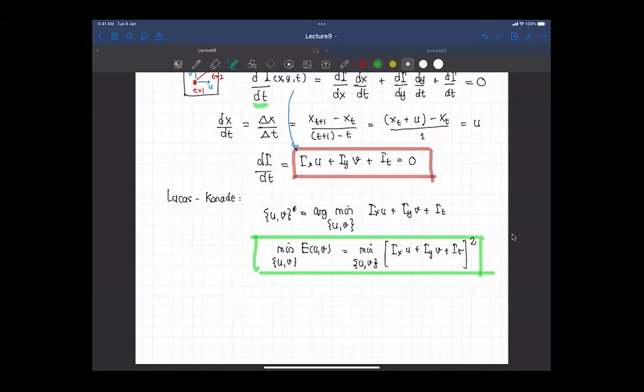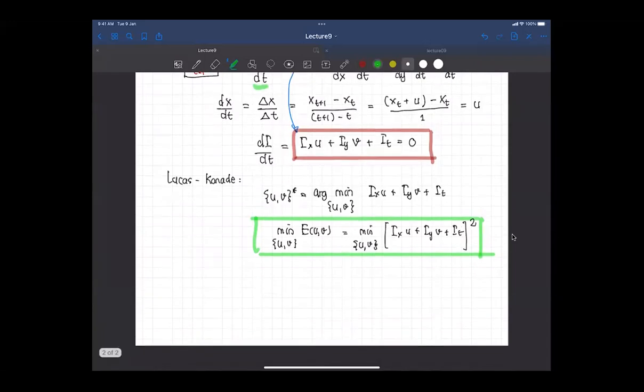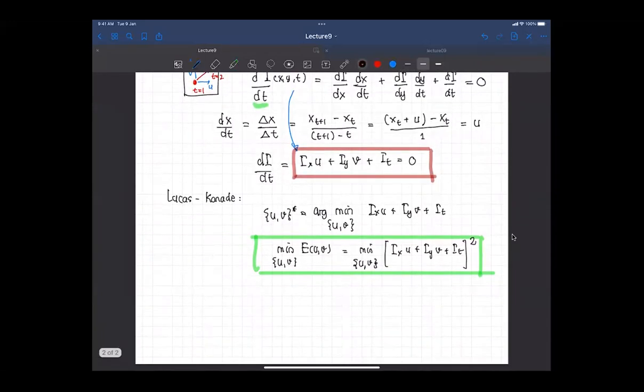So now the question is, how can we minimize this? If you want to minimize this function, basically you want to minimize E. That's the function we want to minimize. We know that it's convex.